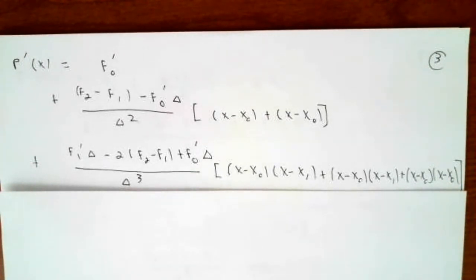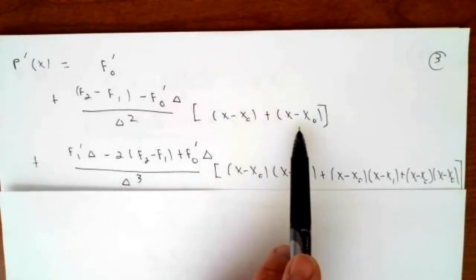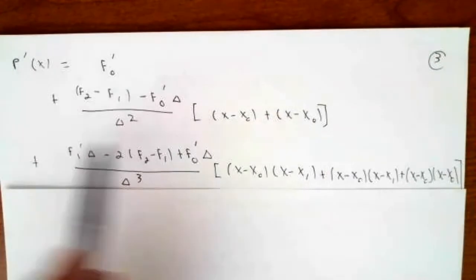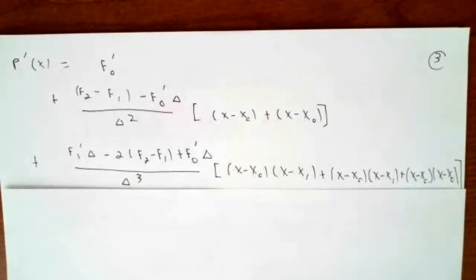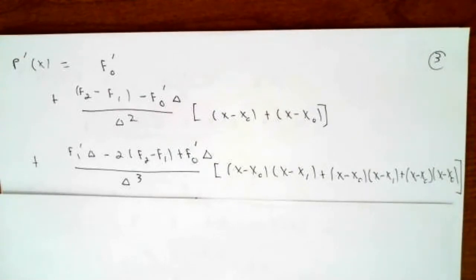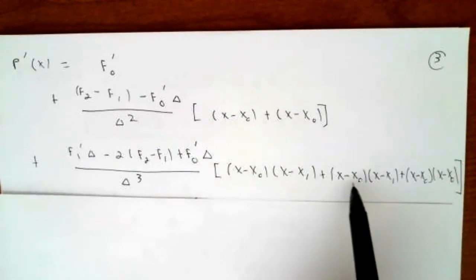If I evaluate this derivative at x equals x0, then this number is 0, and so is that one. 0 times something is 0. This contributes nothing. If x is equal to x0, then that's 0, that's 0.